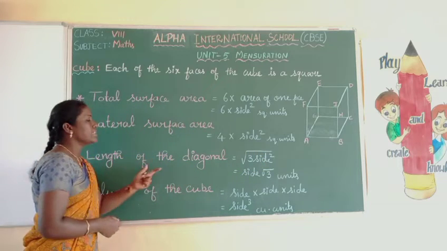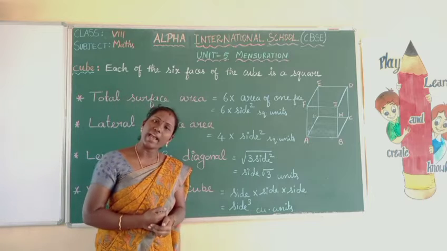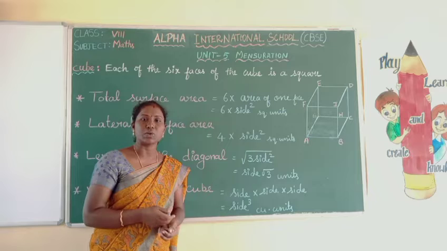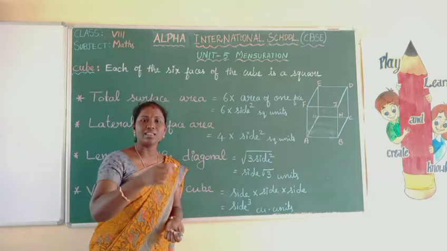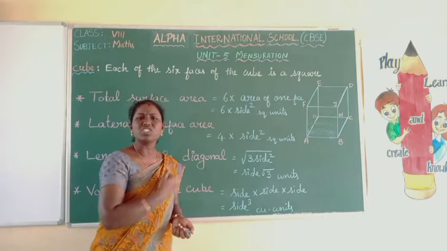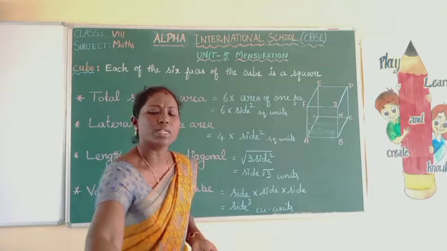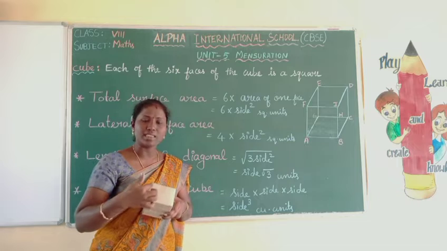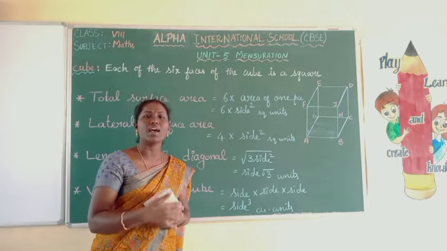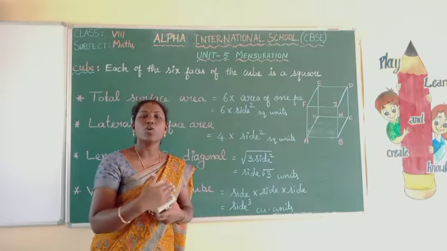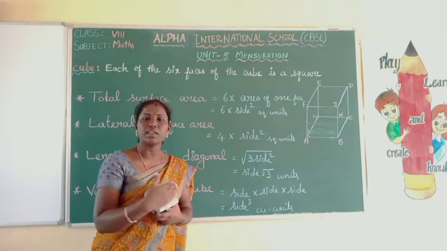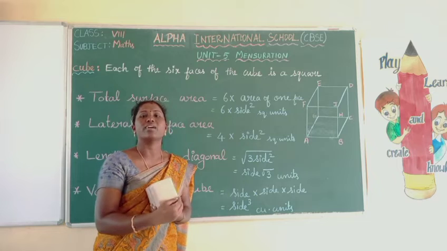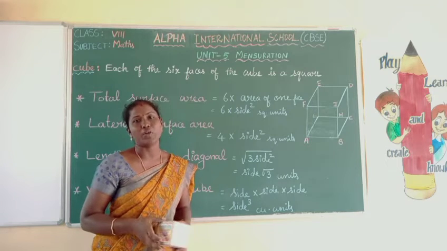Now the length of the diagonal. What is the length of the diagonal of the cuboid? Square root of L square plus B square plus H square. There we have length, breadth and height separately. But in the cube, the length is equal to the breadth, and the breadth is equal to the height, because each face is a square shape. So the length, breadth and height here have the same value.